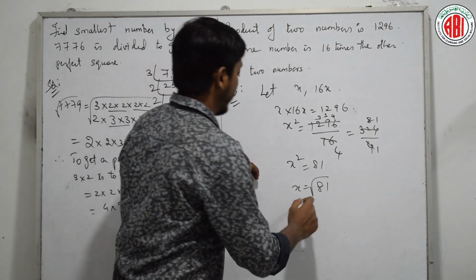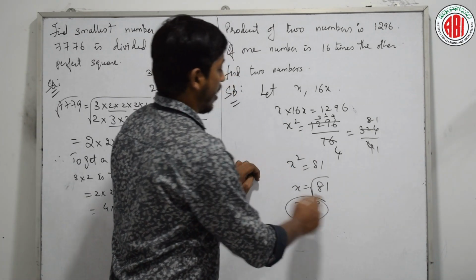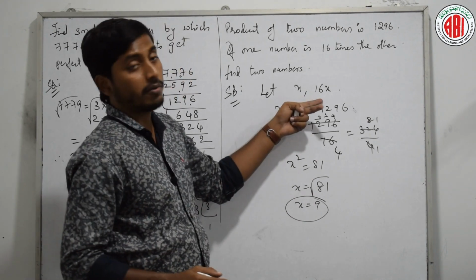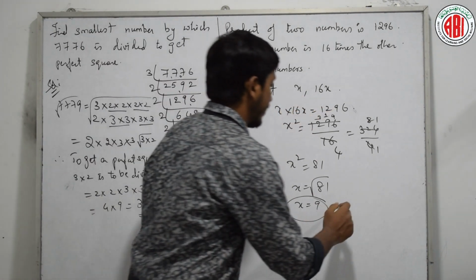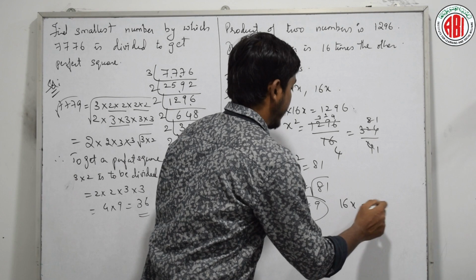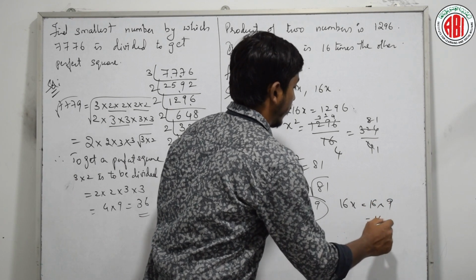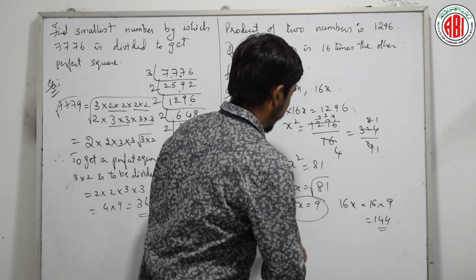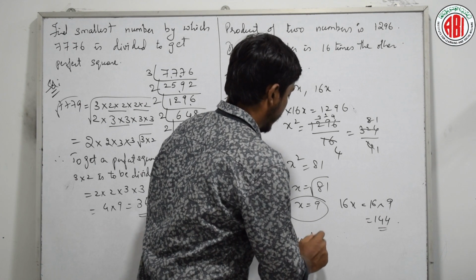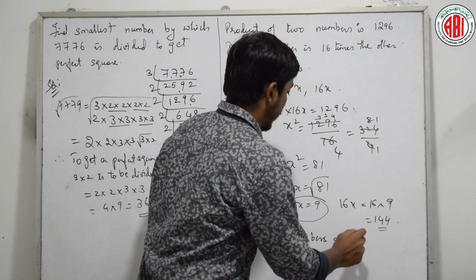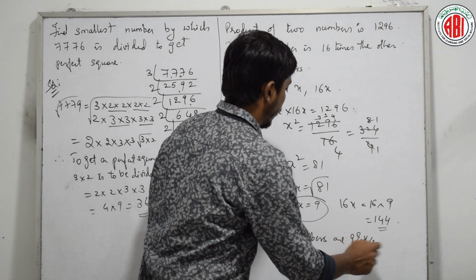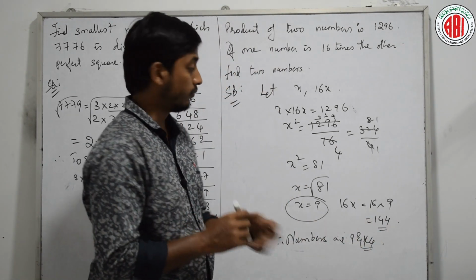Then x is equal to 9. If x is 9, what about the other number? That is 16x, that is 16 into 9, that is 144. Therefore, the numbers are 9 and 144. Is it clear? Did you understand?